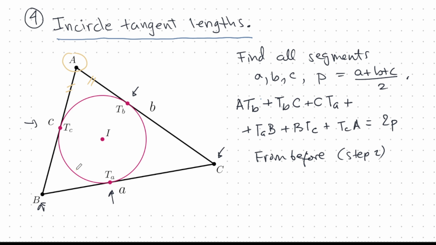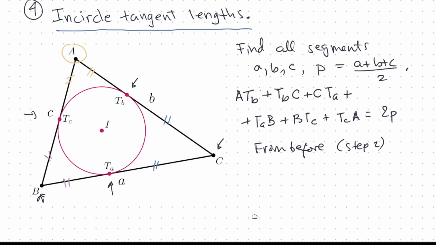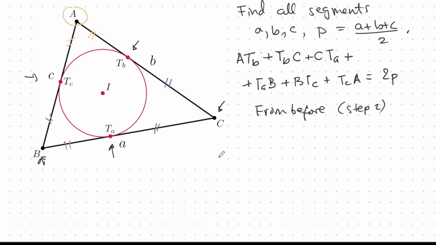These lines, and also these must be equal here, here, and here. And also these two must be equal because of the theorem that we proved in the early steps about symmetry of tangents. Now you see why we had to prove those things. So in fact, ATB is equal to TCA. This one here is equal to this one here. So those two are the same.